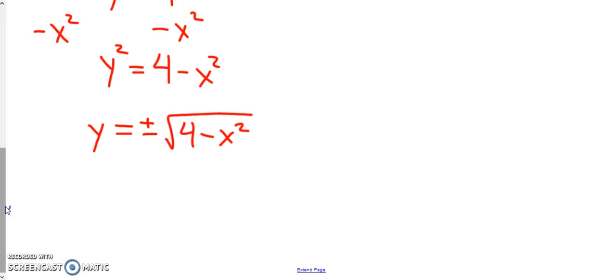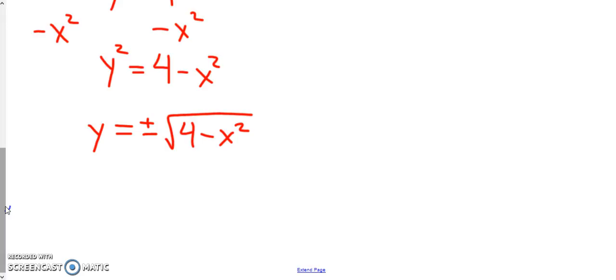So what does that mean about this one? It has what? More than one what? Sort of. If you choose an input, it would have more than one output.